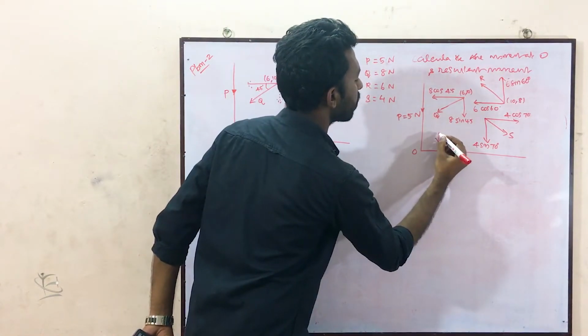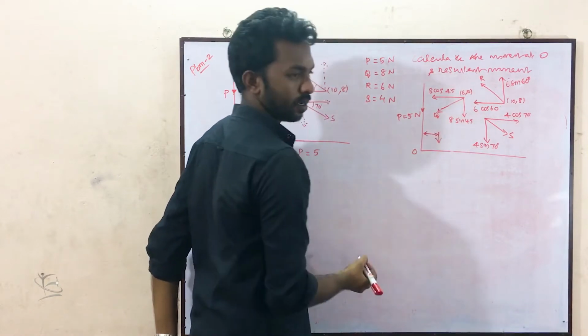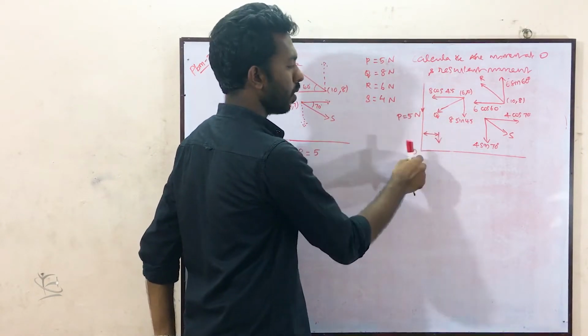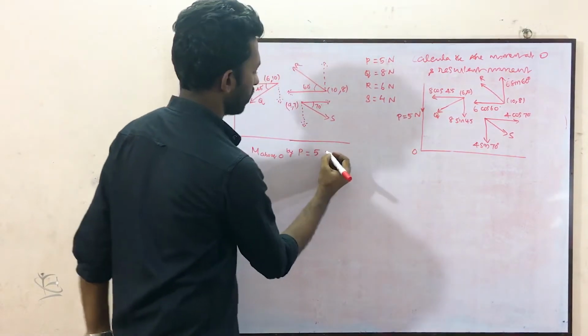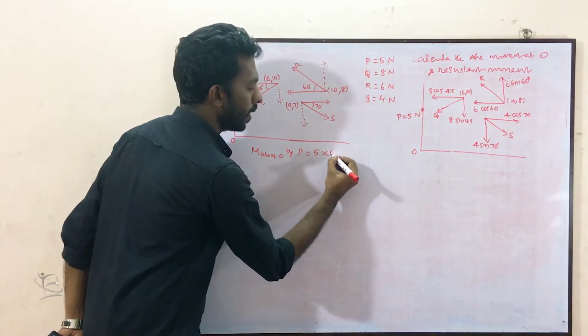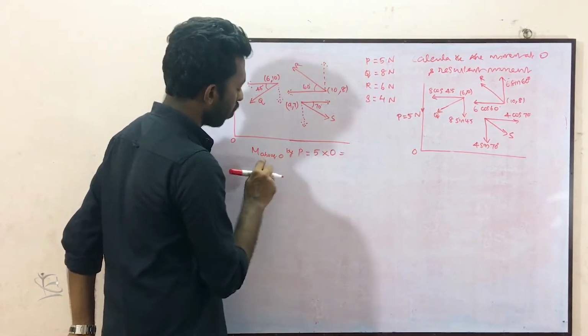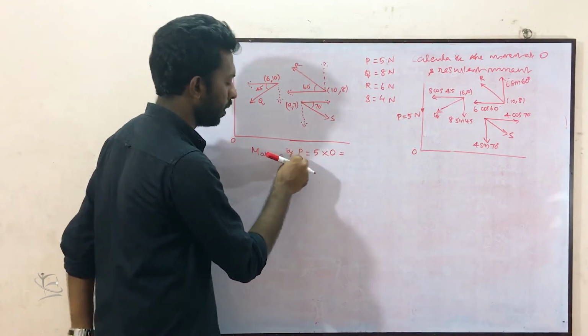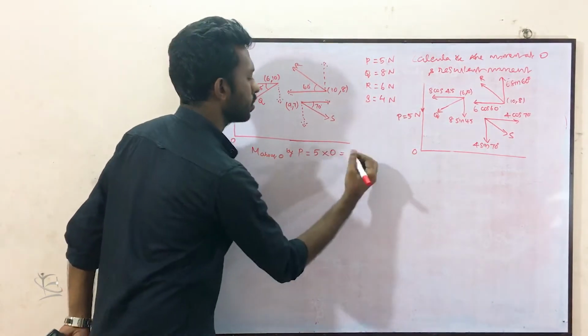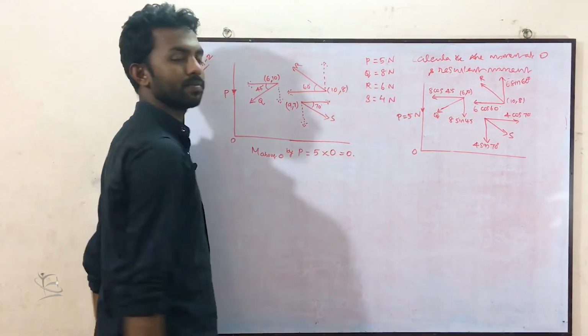If P were here you could take this as the horizontal distance, but P is passing through the point O. So I can say 5 into distance 0, so the moment created by P about the point O is 0.